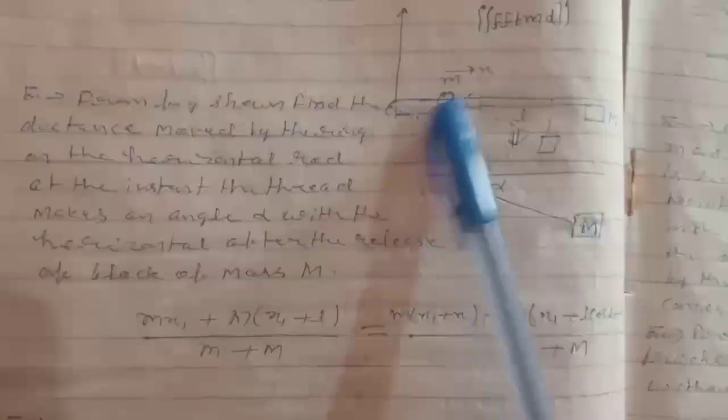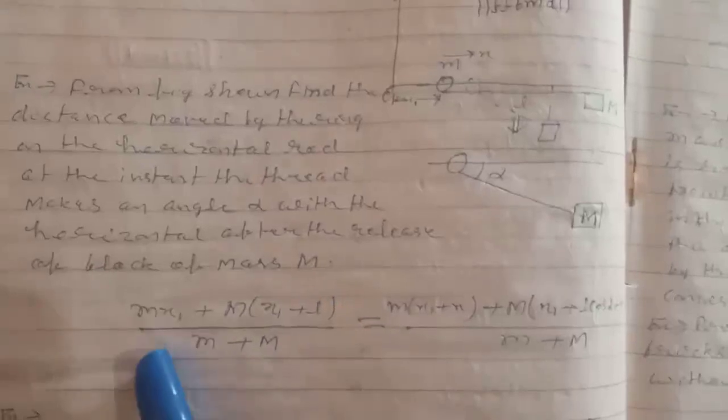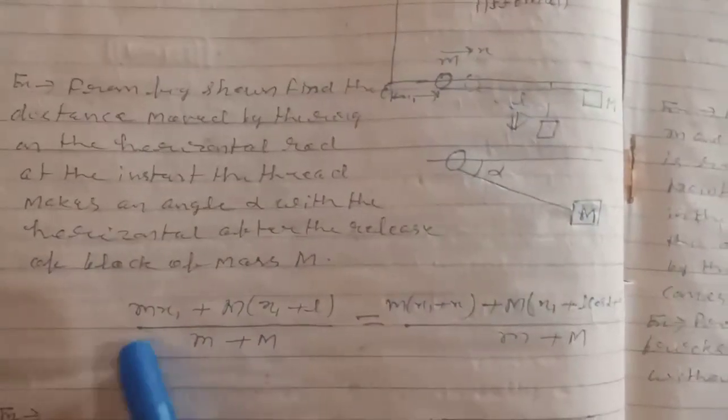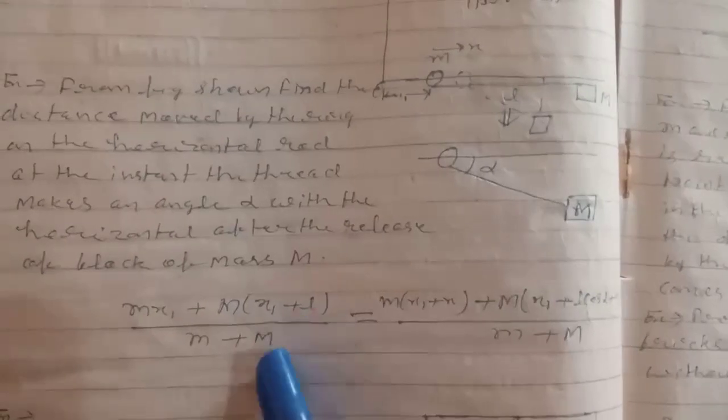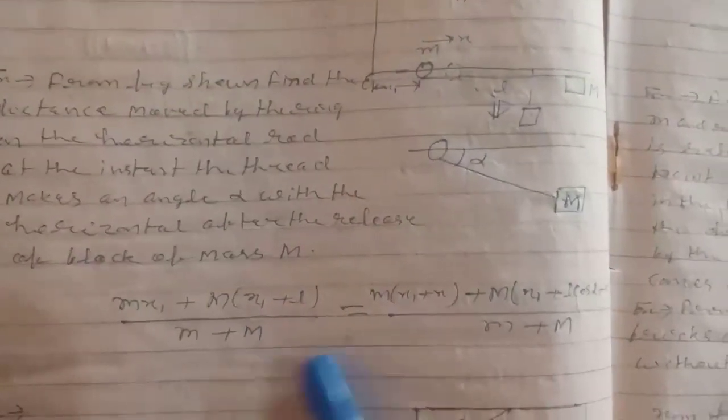If this distance is x1, then initial xcmi equals m x1 plus m into x1 plus l divided by m plus m, and final xcm equals m into x1 plus x plus m into x1 plus l cot alpha plus x divided by m plus m. Solving this, we will get the desired result.